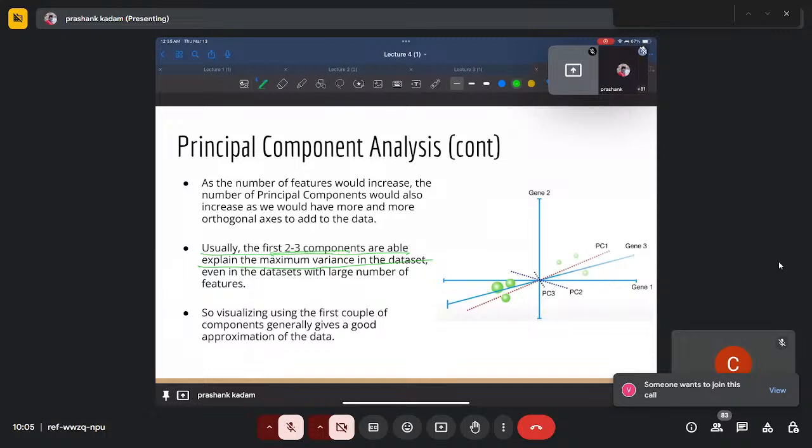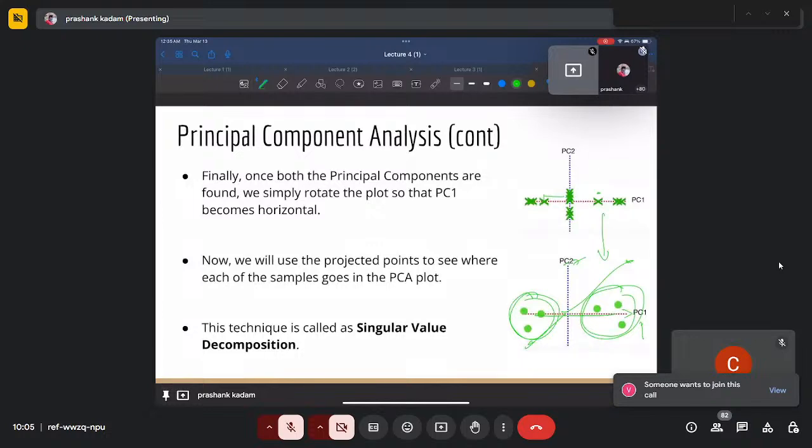Even if you ignore those, although there is a little bit of information loss, it is fine. That's the trade-off that you are making when you are projecting to a lower dimension. So that is what is happening in principal component analysis.